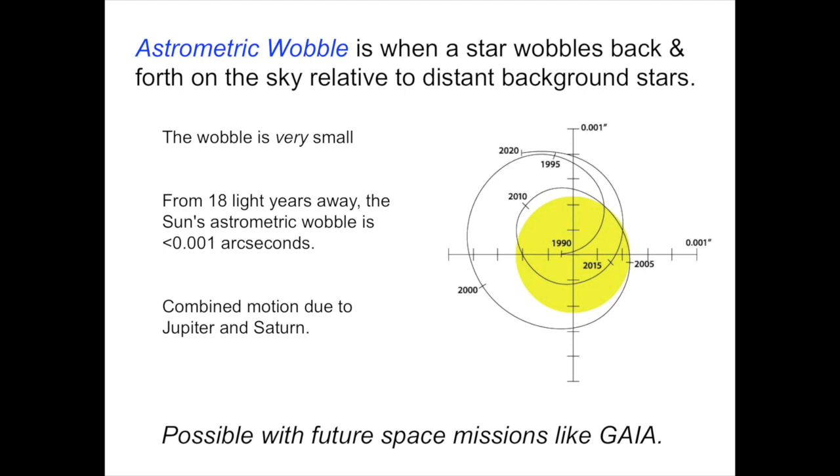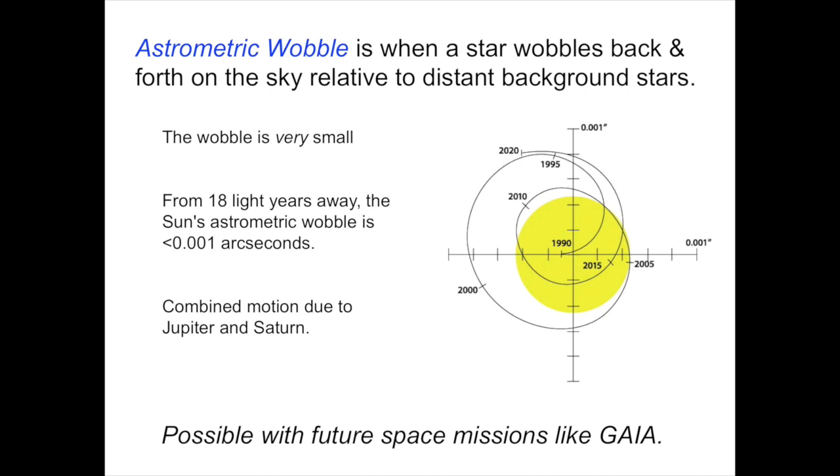But even so, the combination of Jupiter and Saturn, which have a combined mass of more than 400 times the mass of the Earth, only produce a very small wobble. At a distance of 18 light years, the total amplitude of the Sun's astrometric wobble is only about 1/1000th of an arc second. This is very tiny, just within the realm of our current technologies, but still very tiny.